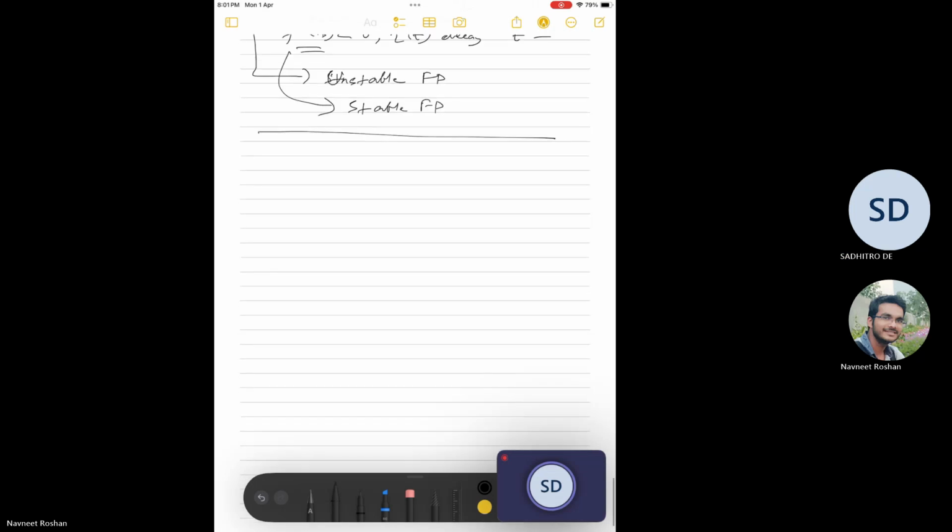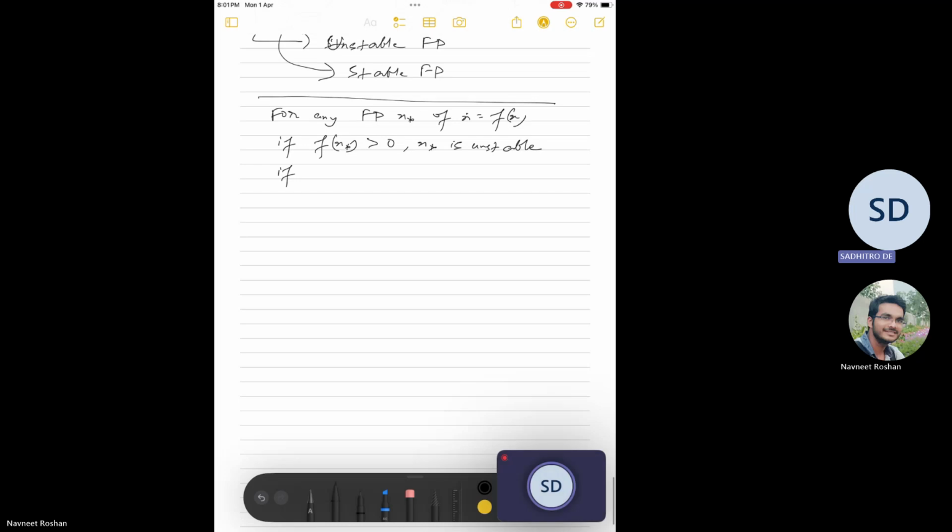That for any fixed point x star of x dot equal to f of x, if f dash of x star is greater than 0, x star is unstable. If this thing is less than 0, x star is stable.